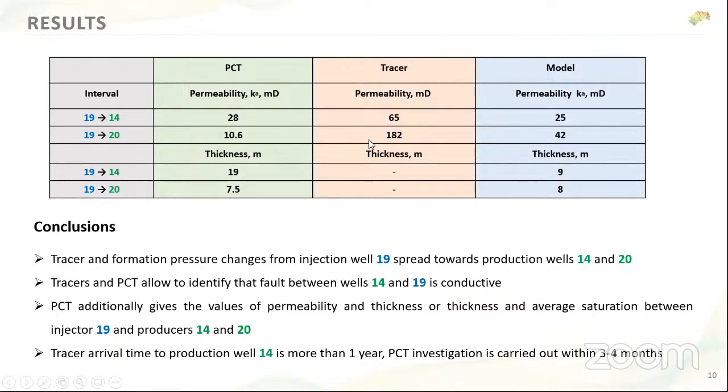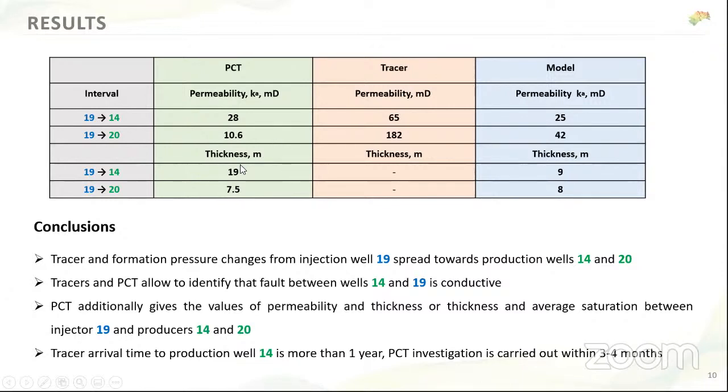The comparison is presented here. Again, we see that the fault is not sealing from both technologies, tracers and interference testing. But the tracer would also overestimate reservoir permeability compared to the actual one.